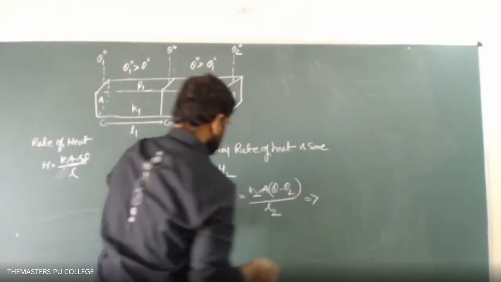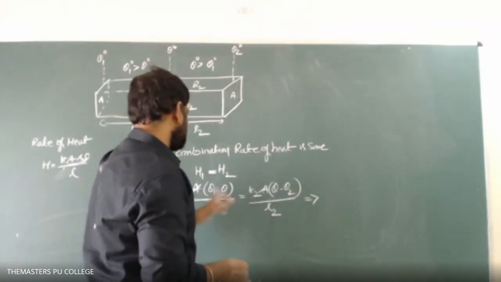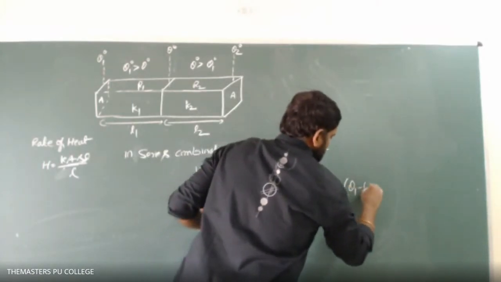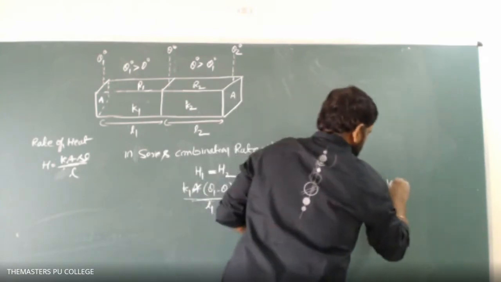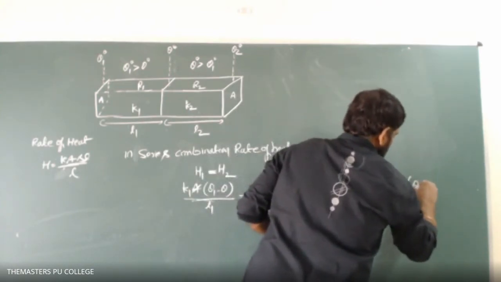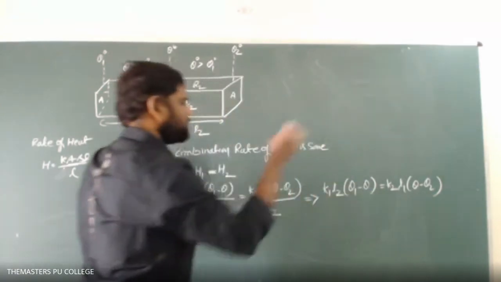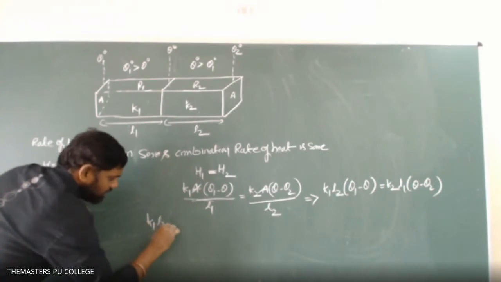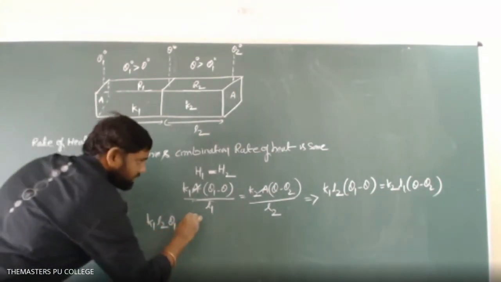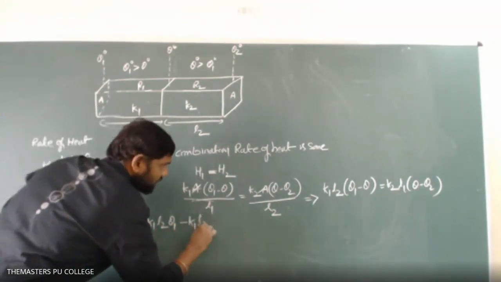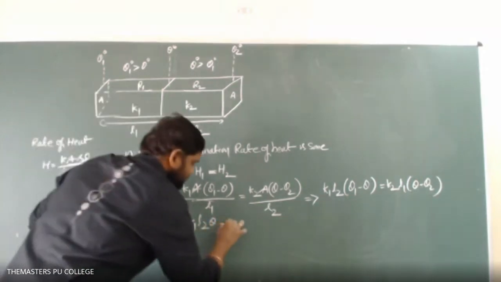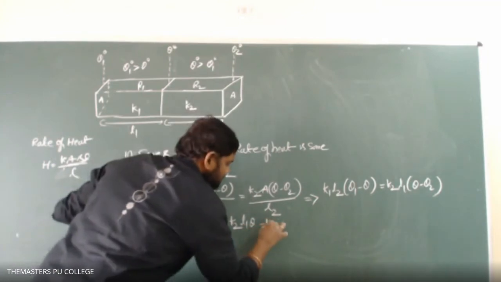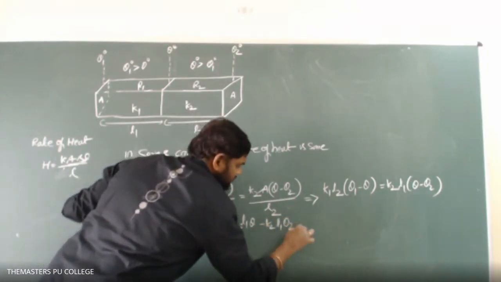Cross multiplying this, if L1 comes to this side and L2 comes to this side, then I can write K1 L2 of (theta 1 minus theta) equals K2 L1 of (theta minus theta 2). So expanding, K1 L2 theta 1 minus K1 L2 theta is equal to K2 L1 theta minus K2 L1 theta 2.